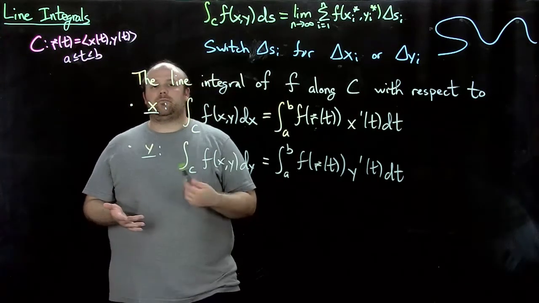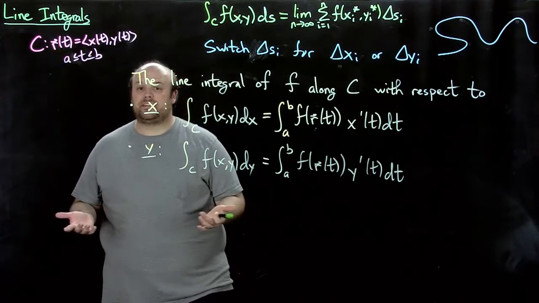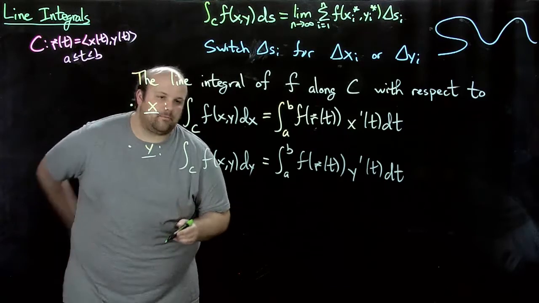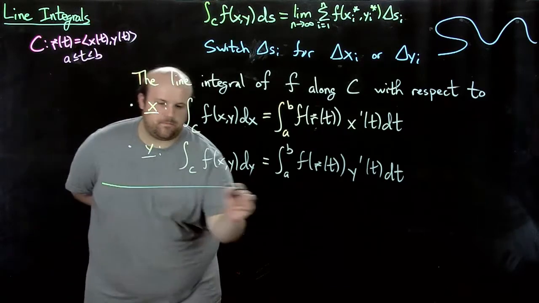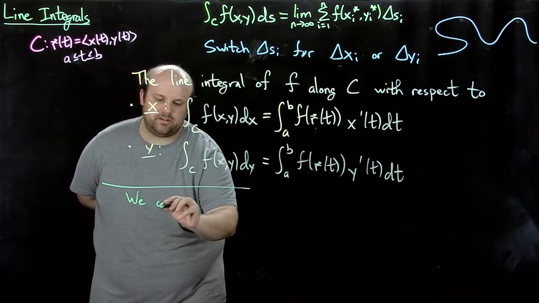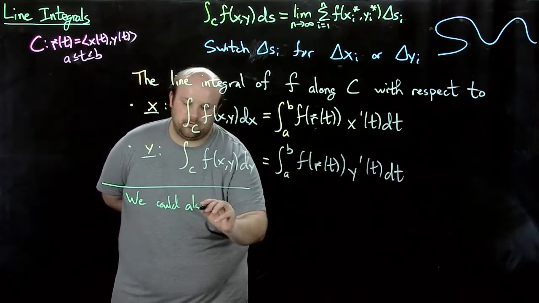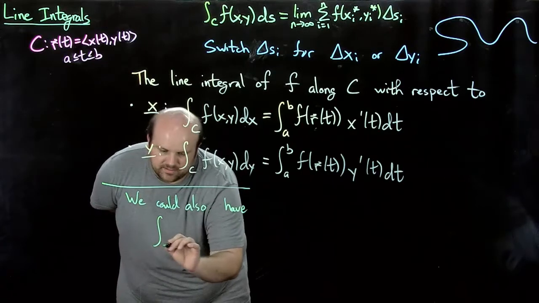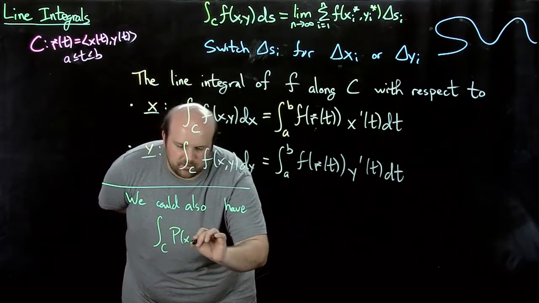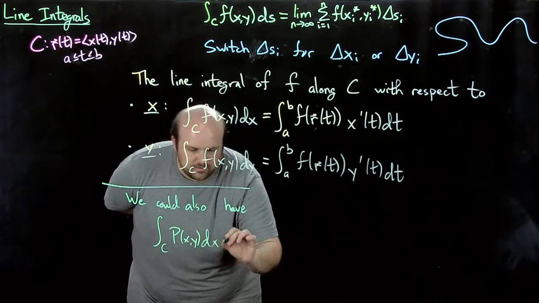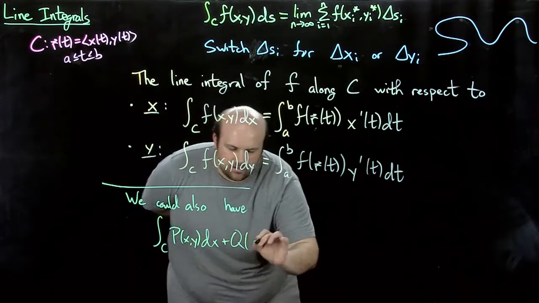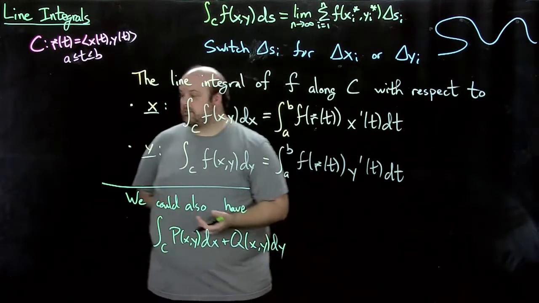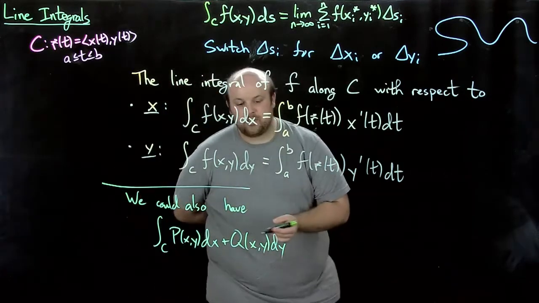And then, we can actually have these happening together. Right? So let's just say we could also have an integral that looks like this. I'm going to say p of xy dx plus q of xy dy. We could also have a line integral that looks like that. Right?